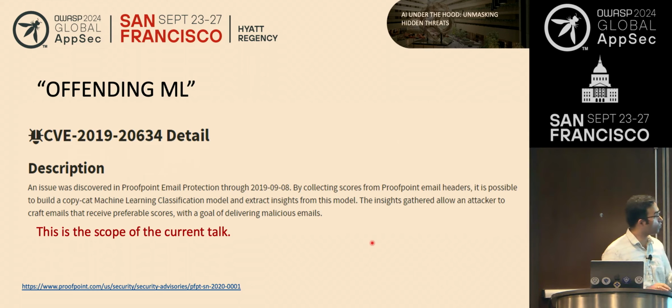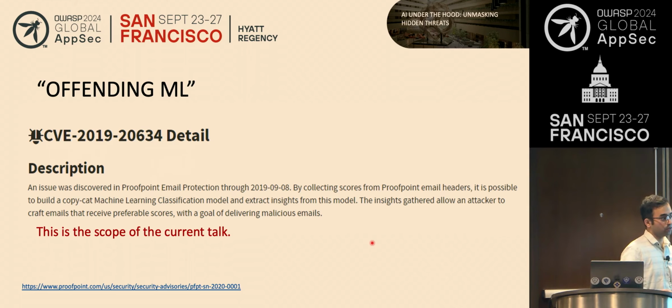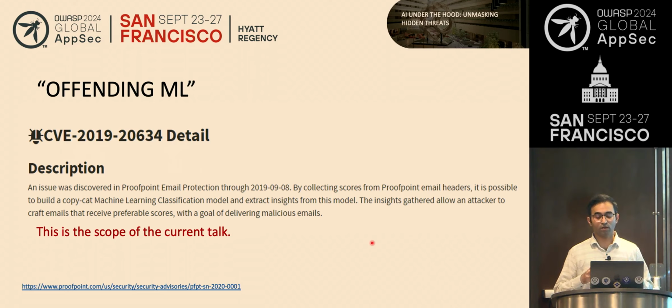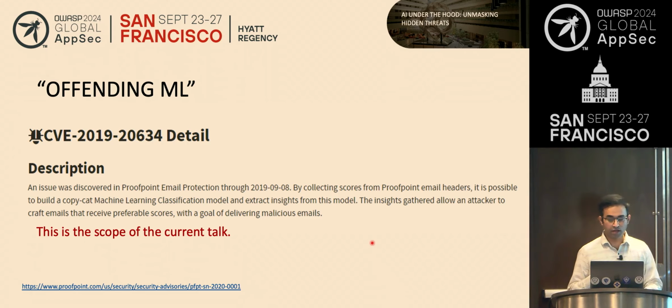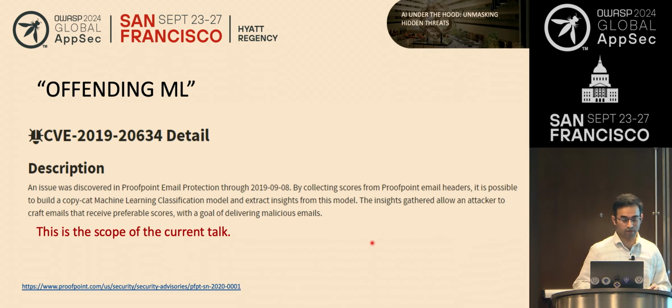In this, what it did was it tried to copycat the machine learning classification model to some extent, and tried to examine the output and extract insights from the original model that was used to detect the phishing emails. So this is the scope of my talk today. In this, we focus on offending AI ML systems rather than using them as an offensive attack mechanism.